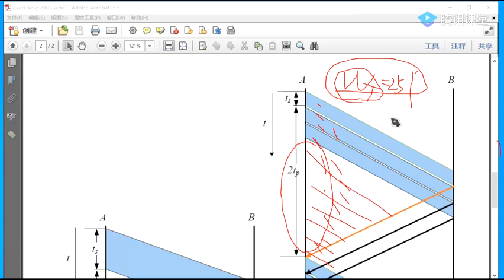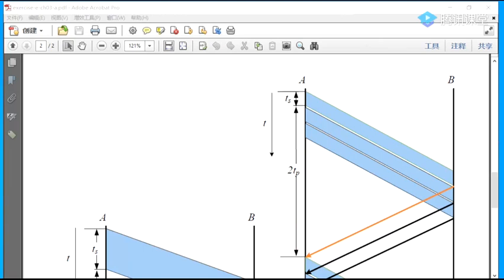That means the utilization is 1, certainly. The utilization must not be larger than 1, right? Okay.